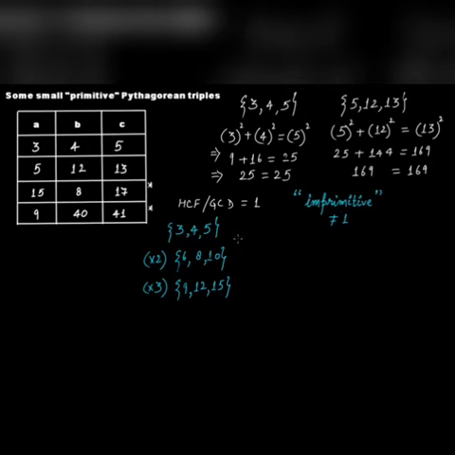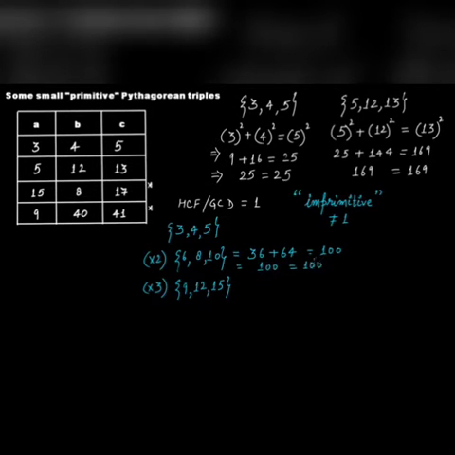Now if you want to check whether this Pythagorean triple satisfies x squared plus y squared is equal to z squared, then you can check here. So 6 squared means what? 36 plus 64. This should be equal to 100. And if you solve it, you get 100 is equal to 100.